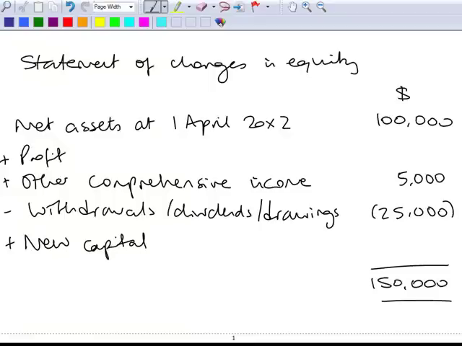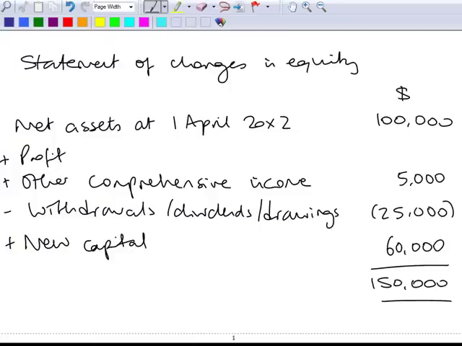Well, if they cross that line between their personal activities and their business activities, that's either capital introduced or is withdrawals taken out. And let's say they introduce new capital of 60,000, and the question then would say, what was the profit for the year? You can expect this kind of question to work along the principle that you'll be given all of the figures that you need minus 1.